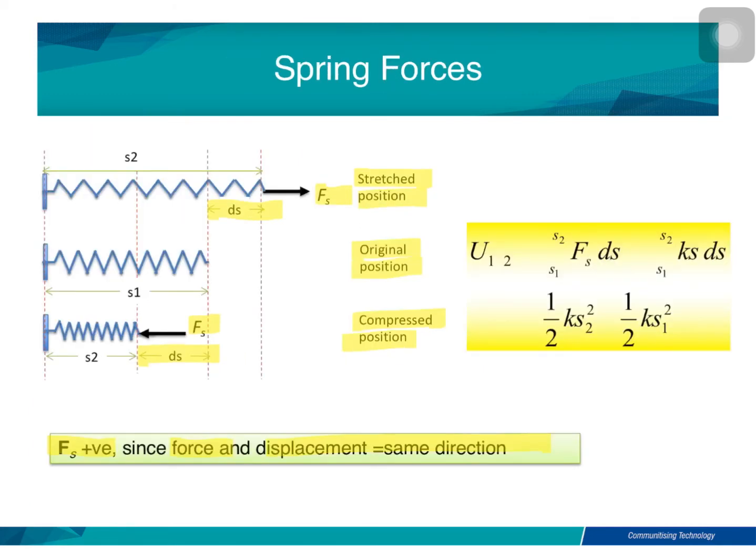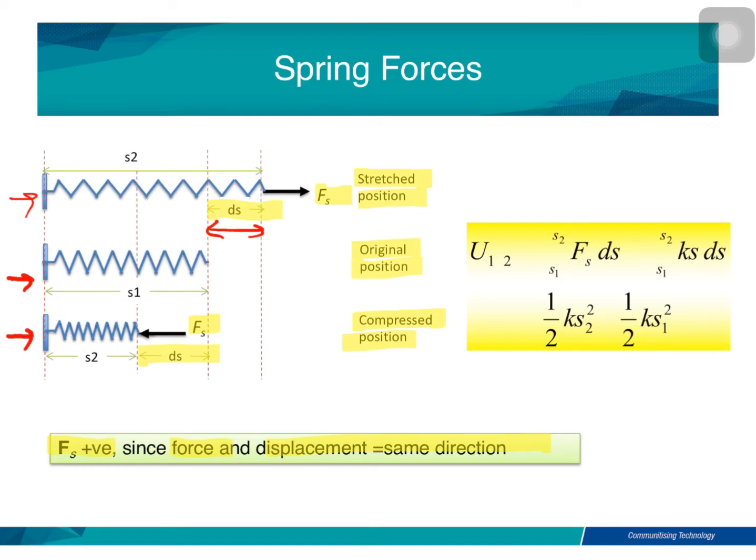This figure shows the conditions of the spring force. Here we have the spring, and the spring force during the stretch behavior. This is the ds, the displacement, and this figure shows the original position, meaning the spring remains constant, and then this figure shows the compressed spring.